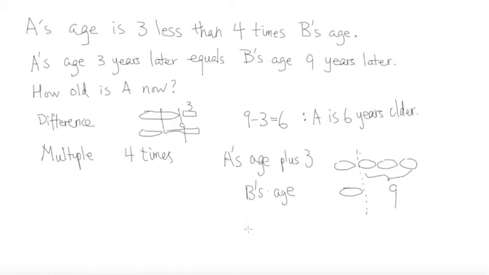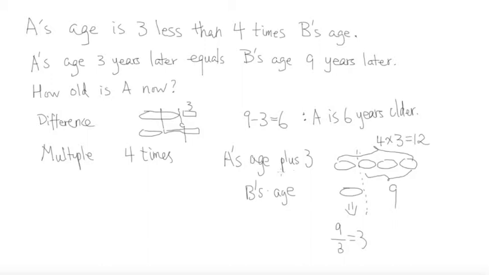So here, that means this is 9. And now we know B's age. B is just this little thing, which means it's 9 divided by 3, which is 3 years old. So now these 4 of these guys will be 4 times 3. 3 plus 3 plus 3 plus 3 will be 12.